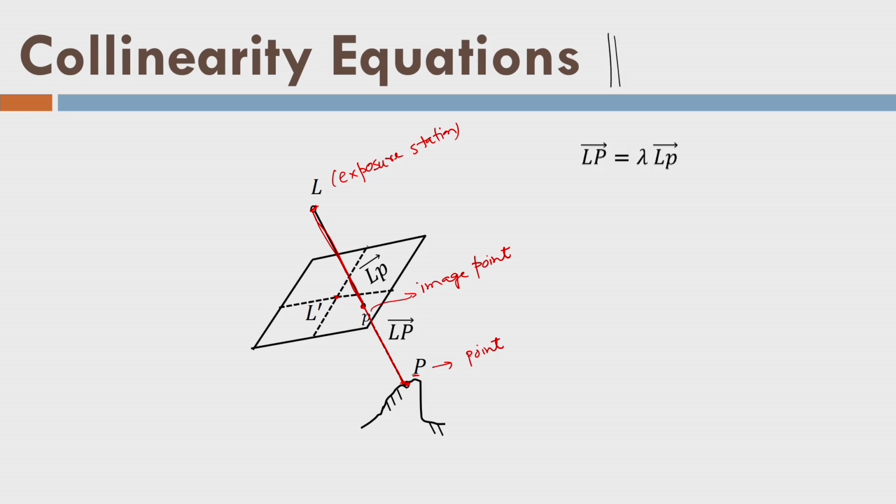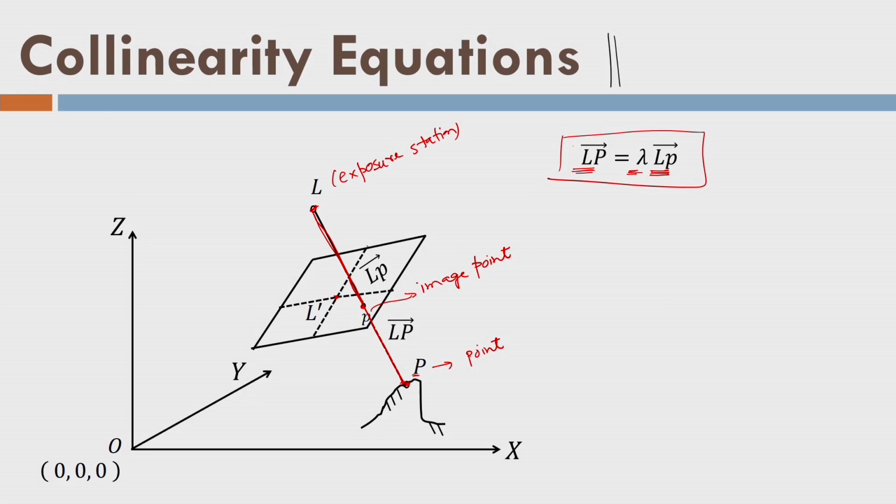Or I can write here that the vector capital LP, which is larger in size, is a scale factor of the small lp. So, if I multiply this lp by some scale lambda, I can get capital LP. That is the idea, and that is what we call the collinearity equation. That means if 3 points are collinear, I should be able to write this relationship.